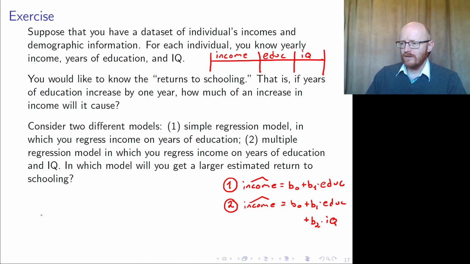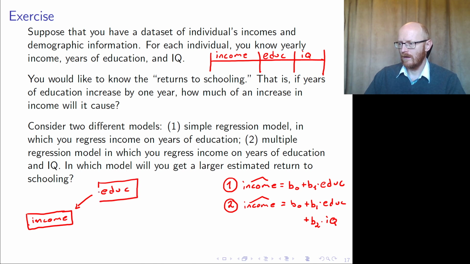And I like to write, we can actually make a path diagram of income, and you have an effect on income from the education, and you have an effect on income of IQ.